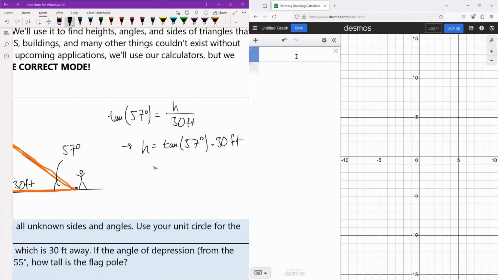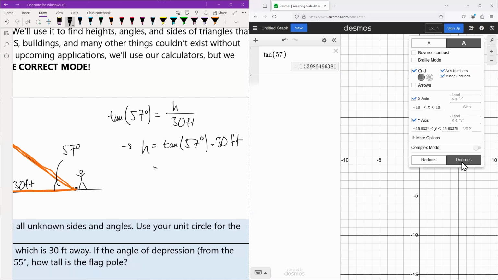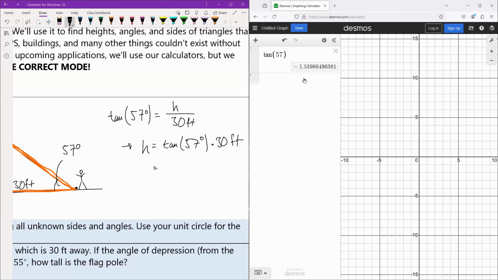I can go ahead and type this in. So tangent of 57 degrees, notice it gives you the value, right? And because the mode is in degrees, I know that this means degrees, okay?